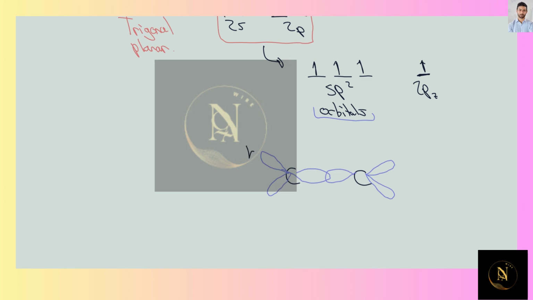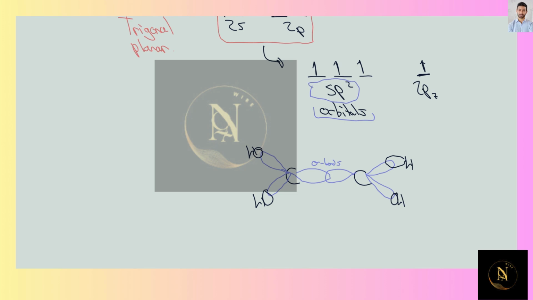Let's say that we have a hydrogen over here that overlaps, another hydrogen over here that overlaps, another hydrogen over here overlapping, and another hydrogen over here that is also going to be overlapping through s orbitals. All of these are going to be sigma bonds, which are going to be generated by the sp2 orbitals that we're going to have.